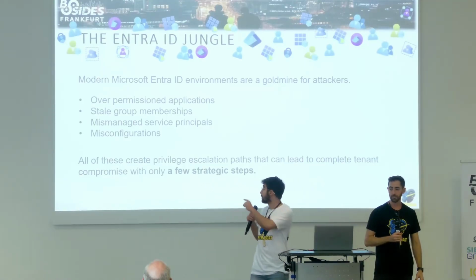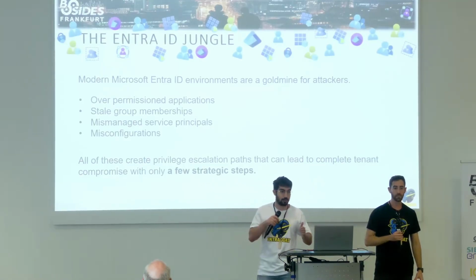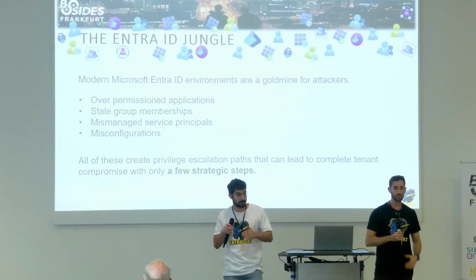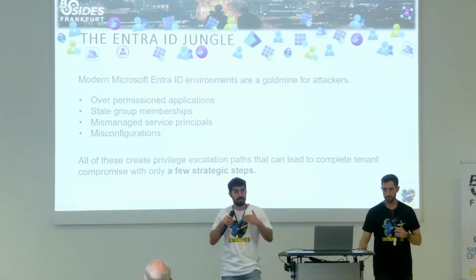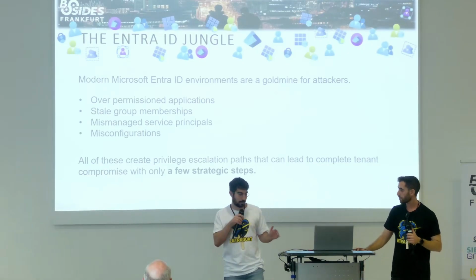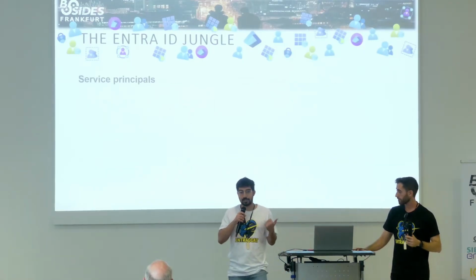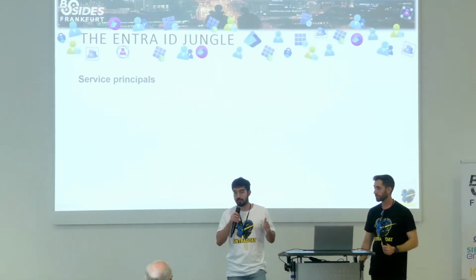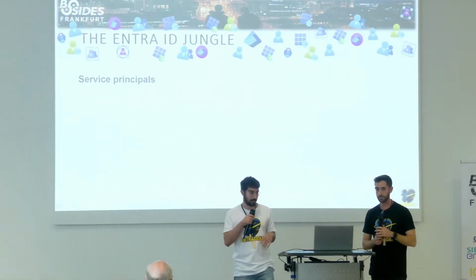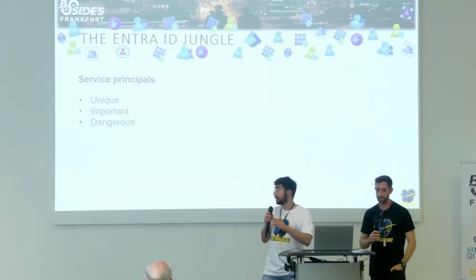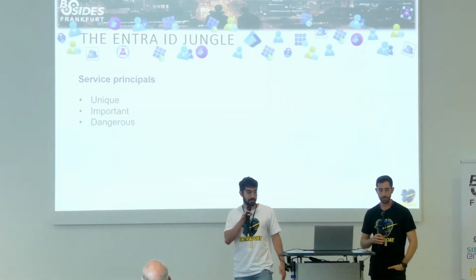And we put a lot of emphasis on that in EntraGoat, because you will see, it just takes a few steps to go from a low-privileged user to a total tenant compromise. Service principals: Jonathan just said that non-human identities are very important, and we think they are the most critical objects in your environment because they are unique, important, and very dangerous.